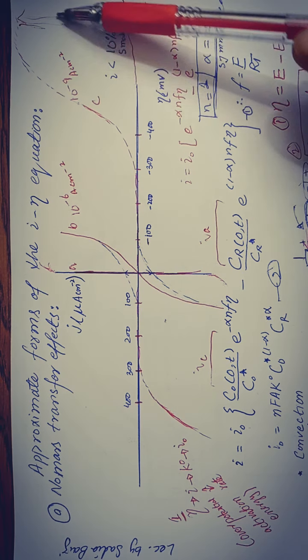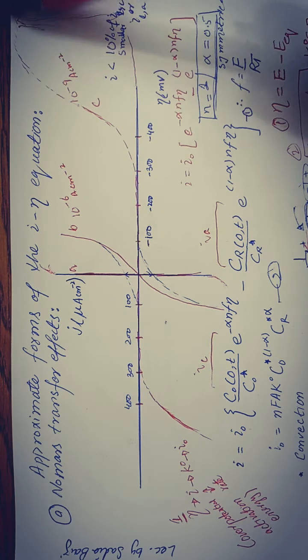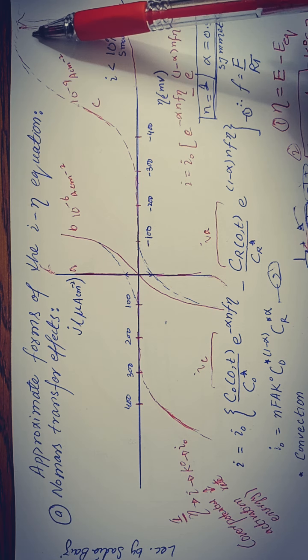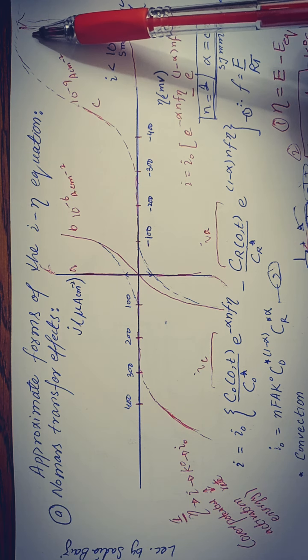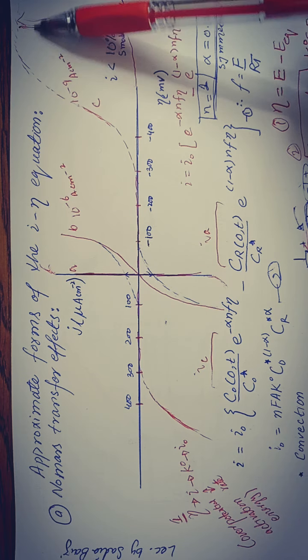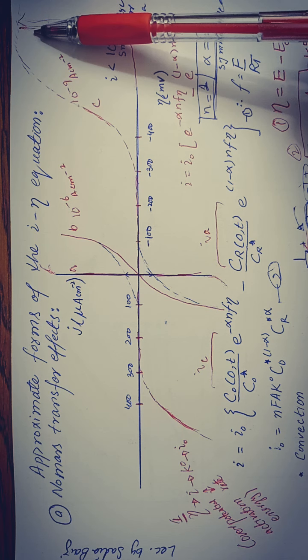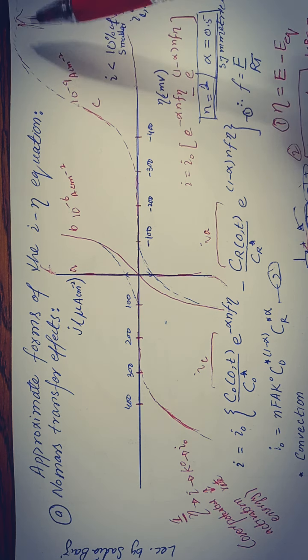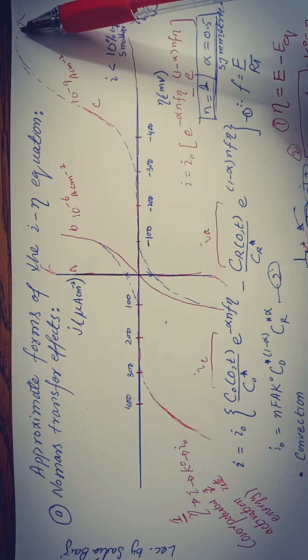So at a sufficiently extreme potential, the heterogeneous process can be driven fast enough that the mass transfer controls the current, and this limiting plateau is reached.